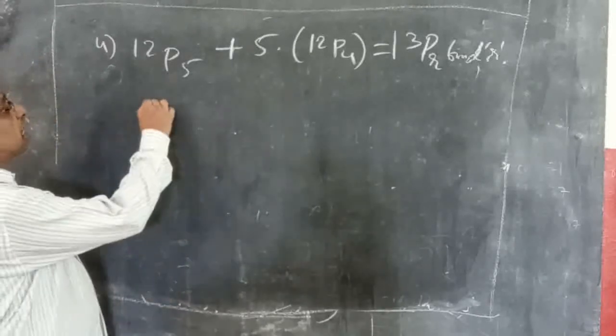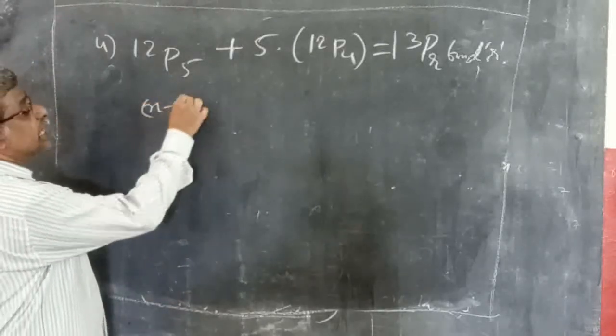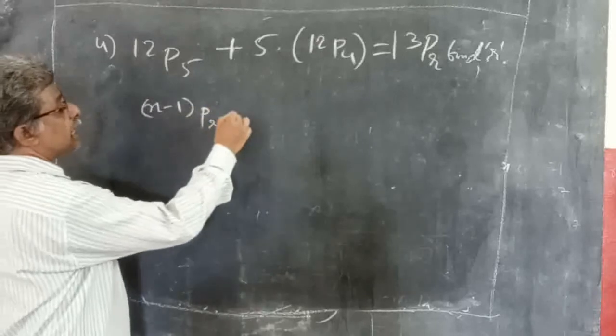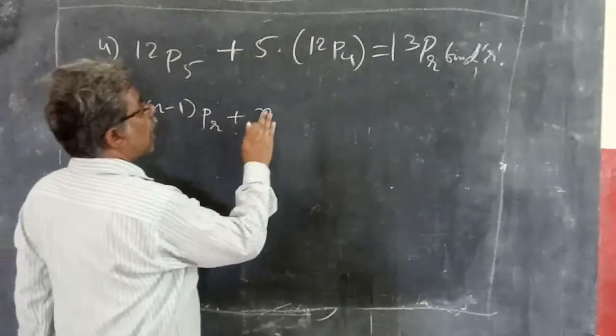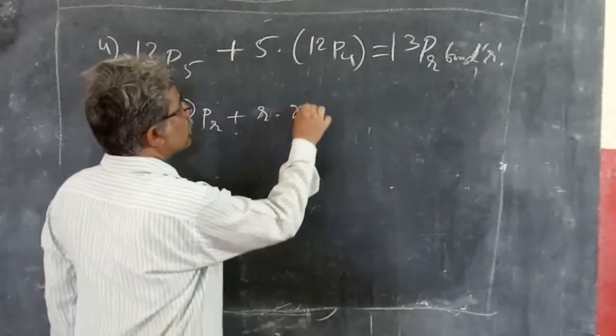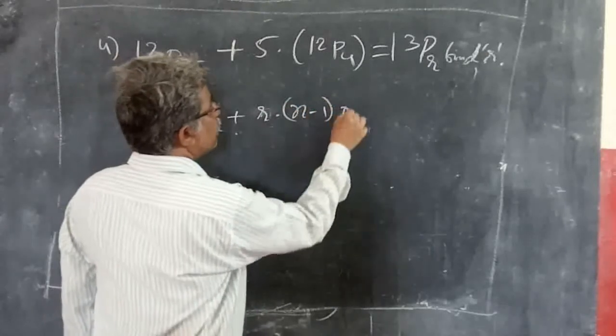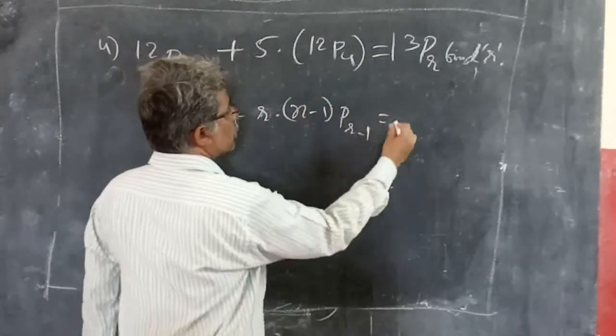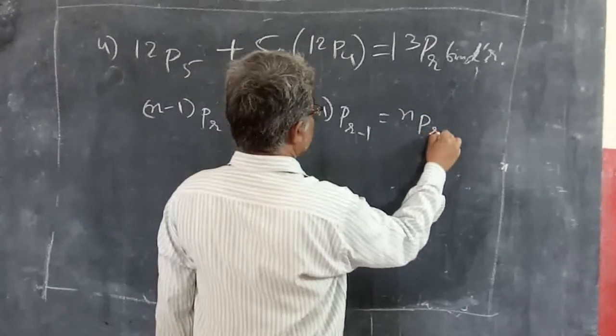If it is the formula, just now we discussed: (n-1)Pr plus r into (n-1)P(r-1) equal to nPr.